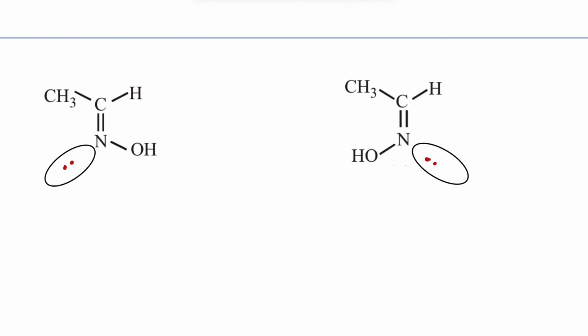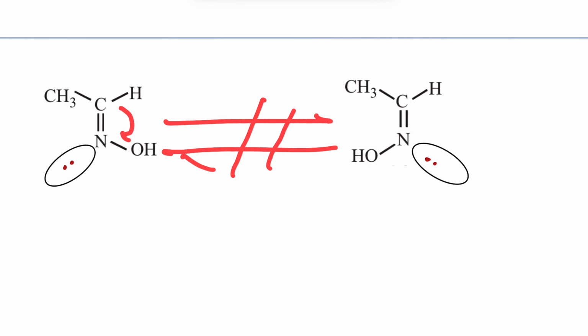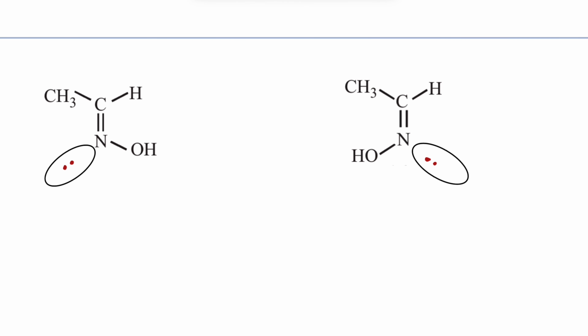Due to the absence of free rotation or due to rigidity, the first molecule cannot be converted to the second molecule. So these are non-interconvertible stereoisomers. Non-interconvertible stereoisomers are configurational isomers, and these two configurational isomers are particularly due to the presence of rigidity in the molecule, hence these are called geometrical isomers.